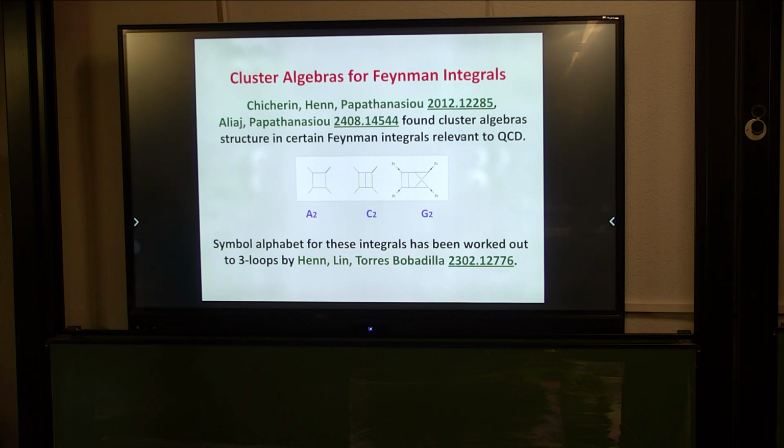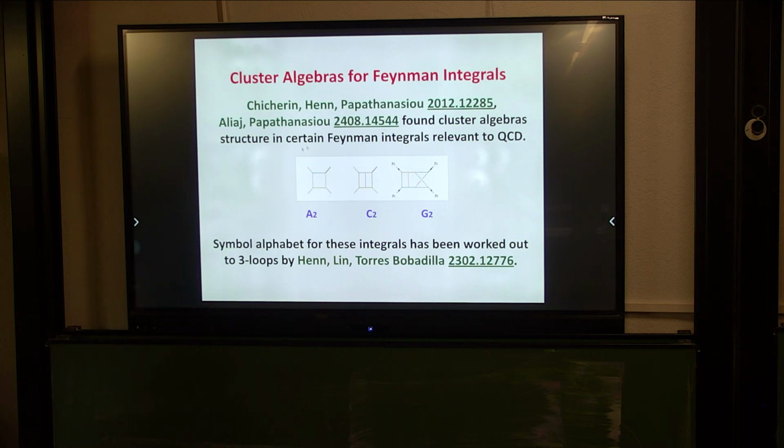Okay, very good. So before I tell about the more recent work, in the past 5 years there have been two very nice papers trying to apply cluster algebras to just Feynman integrals. Everything in my first part of the talk was plain N=4. Now there have been 2 papers, one by Chicherin and Papathanassiou, and then more recently last summer, by Papathanassiou and his student, and they found cluster algebra structure in Feynman integrals.